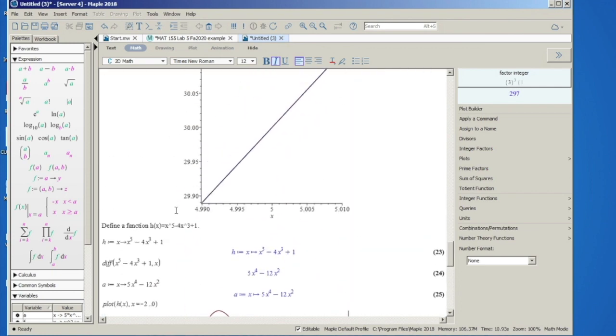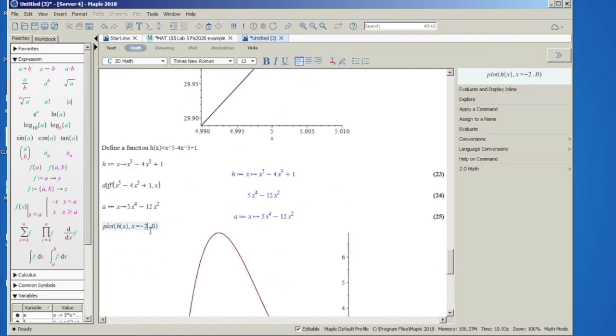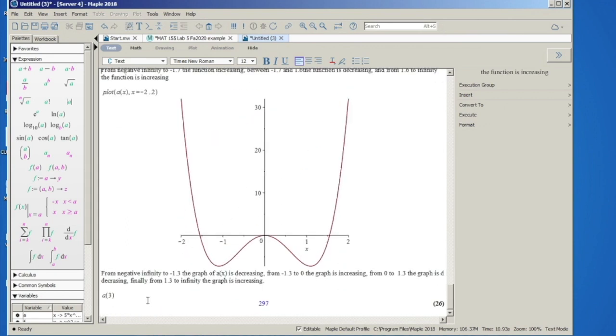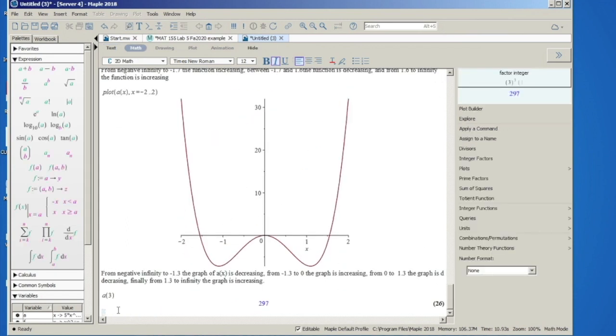On the original function at 3, I will be increasing because I had a positive number. So let me zoom in from 2 to 3.5. And as you can see, at 3, I am increasing. The function is increasing.